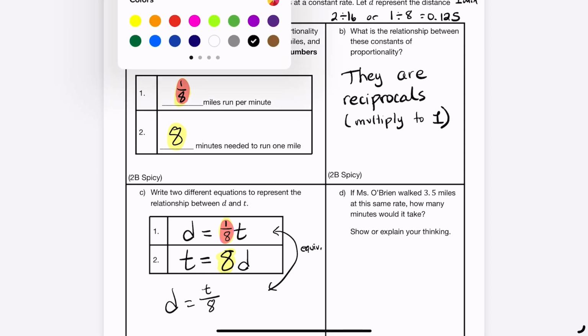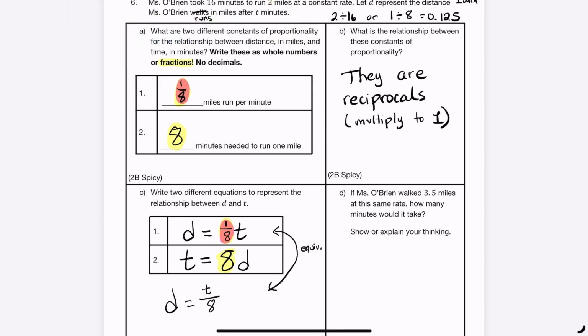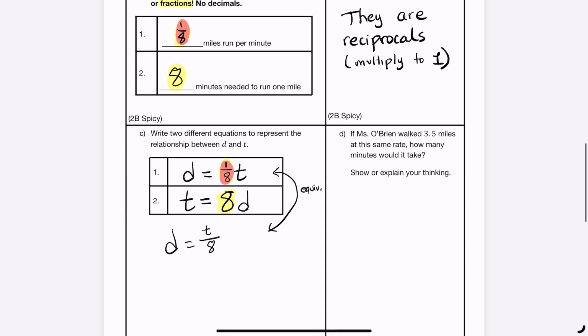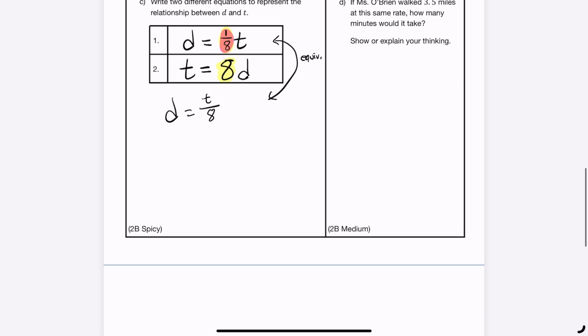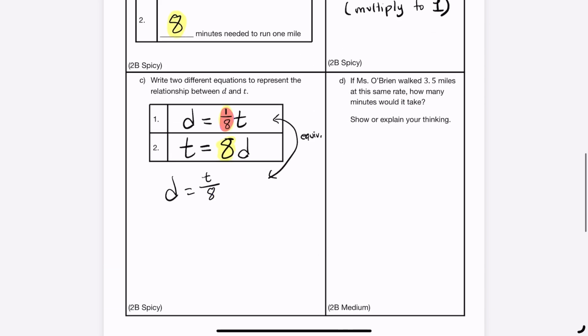All of these are equivalent to each other. They're just flipped around. So one of them is framed as given time and you want to find distance, and one of them is framed as given distance and you want to find time. Okay, so those are the 3 spicy questions here. So definitely the hardest questions on the quiz.